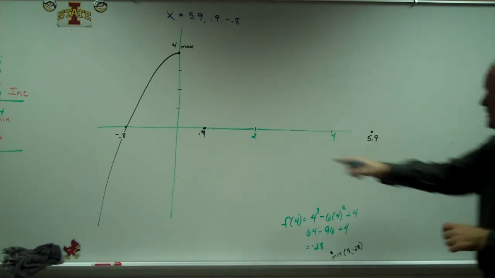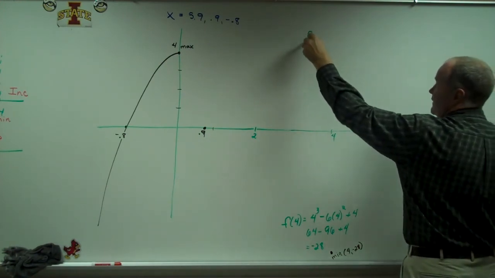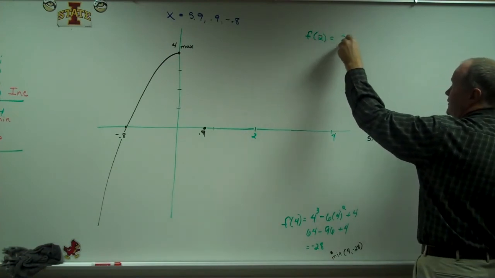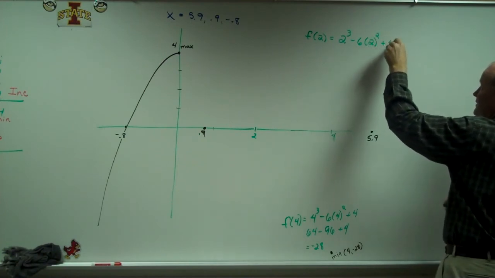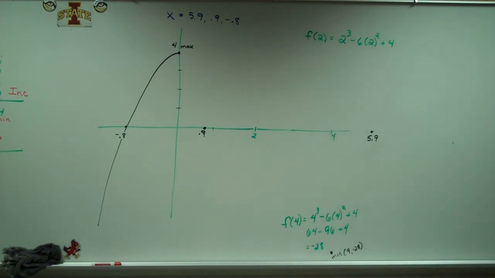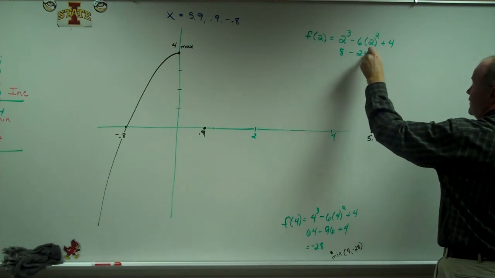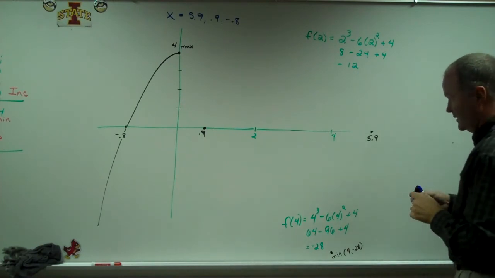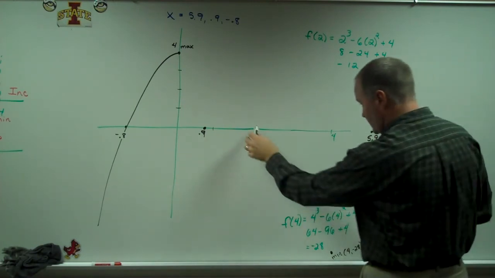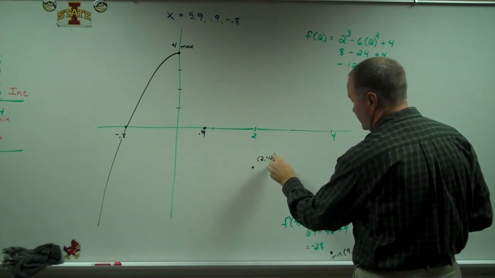So if I go back and plot the IP, I have to find out where 2's at. F of 2: 2 cubed minus 6 times 2 squared plus 4. So 8 minus 24 plus 4 is negative 12. That'll make life a little better. 2 and negative 12. There's an IP.